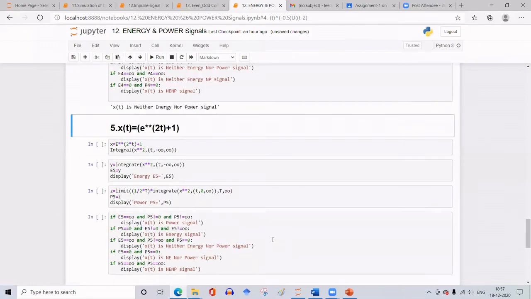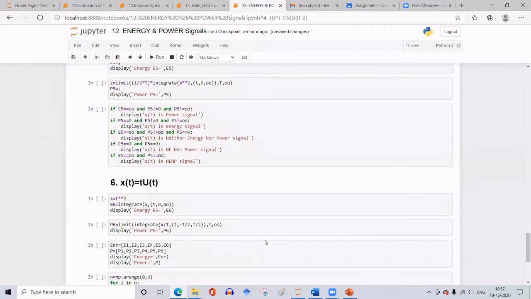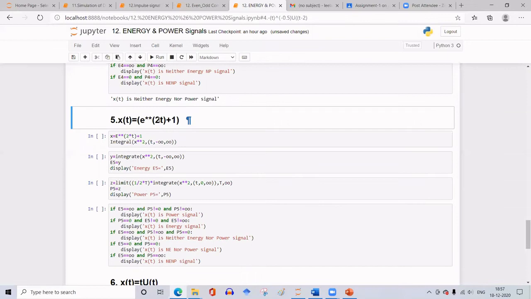Okay. So similarly, this fifth and sixth problem also, I'll just execute it. This is e to the power of minus 2t plus 1. So exp will give you that e to the power. So capital E raised to the power of 2 into t, then plus 1 is our signal x.